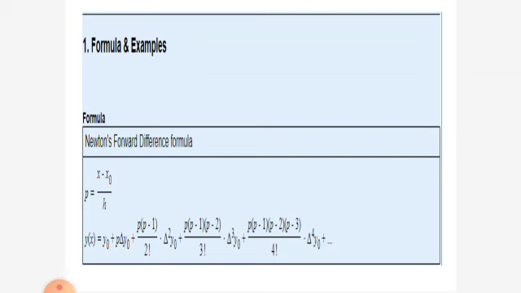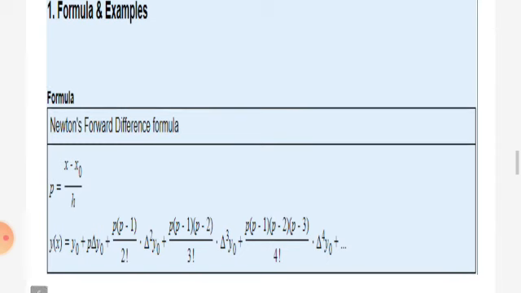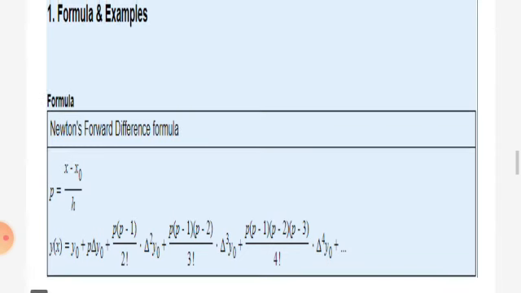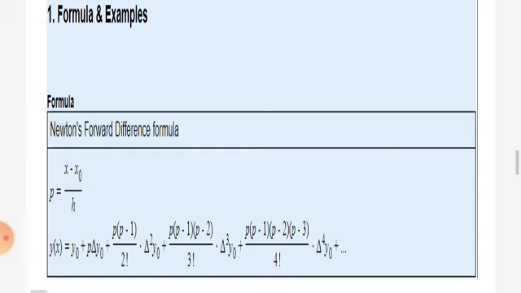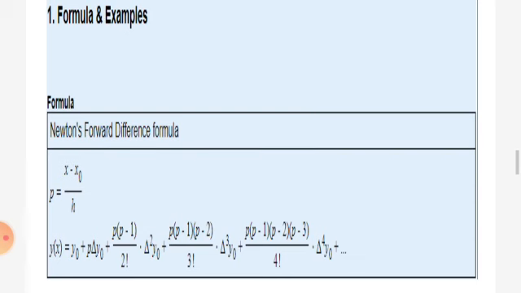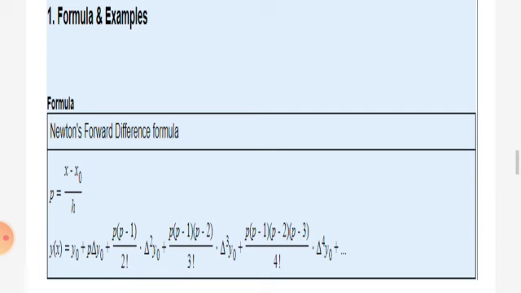Okay, we have seen what the forward difference operator is and how we can find the forward difference table. Now we are going to study Newton's forward difference formula. We can represent it as y of x equals y0 plus p delta y0 plus p(p minus 1) upon factorial 2 delta 2 y0 plus p(p minus 1)(p minus 2) upon factorial 3 delta 3 y0 and so on.